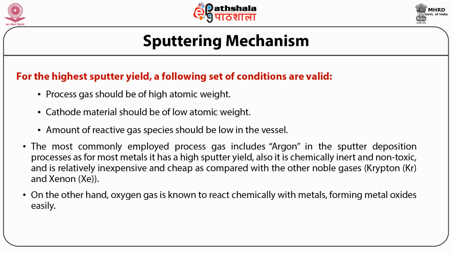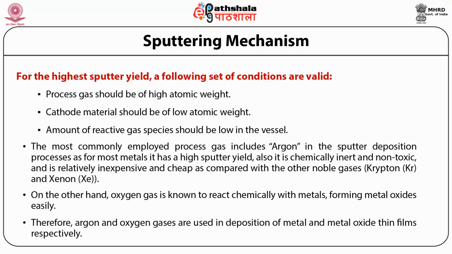On the other hand, oxygen gas is known to react chemically with metals, forming metal oxides easily. Therefore, argon and oxygen gases are used in the deposition of metal and metal oxide thin films respectively.